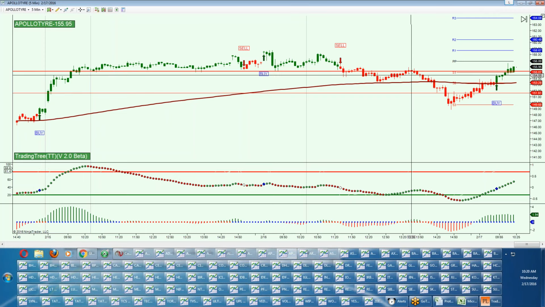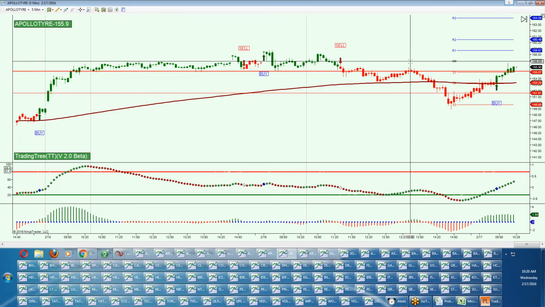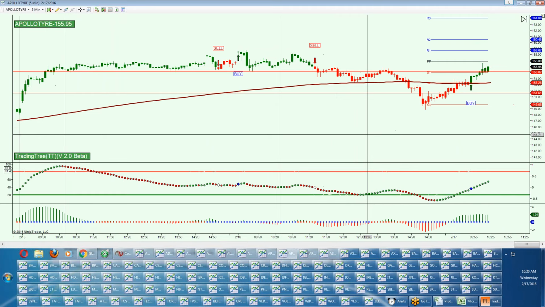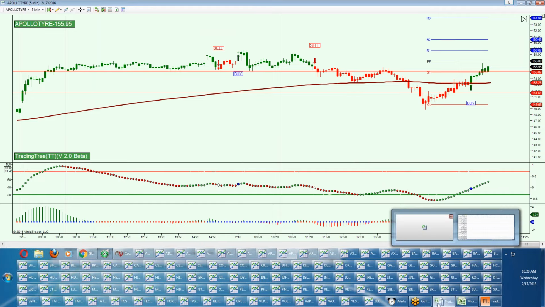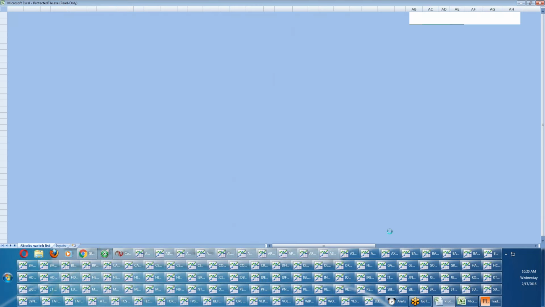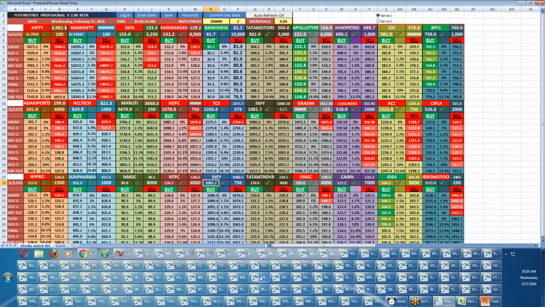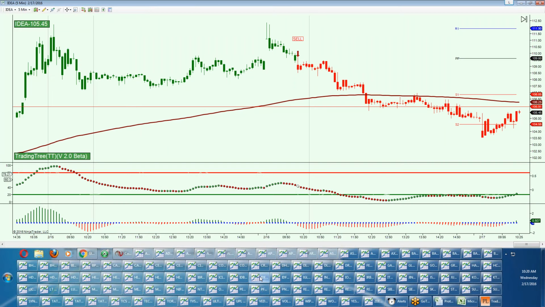So Apollo Tire, 156.70 is a possibility. Idea we should get a buy call here, or you can book your profits at 106.